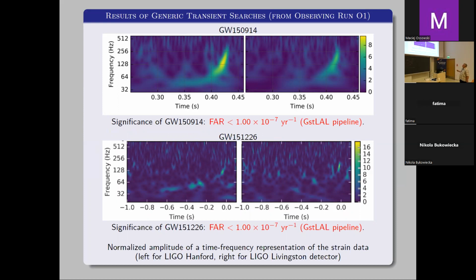Okay, here is an example of the results of a generic transient search from the first observing run, called O1, of two LIGO detectors. Here, this is the famous first detected signal, GW150914. And we see here the time-frequency analysis of the data. Again, along the horizontal axis we have time.